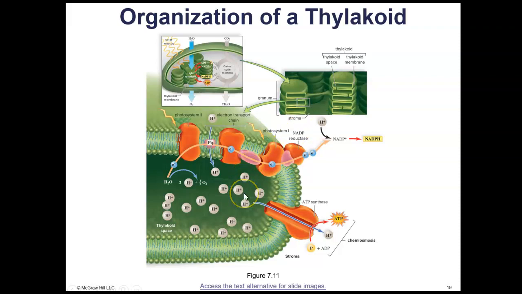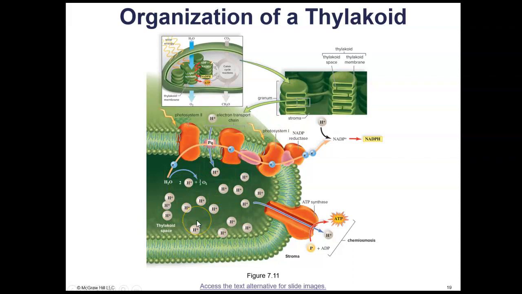Now, the other thing that happens is the energy from those electrons flowing from carrier molecule to carrier molecule down that electron transport chain. This is the electron transport chain part, the part between photosystem 2 and photosystem 1. So the flow of electrons is releasing energy. That energy is used to pump hydrogen ions into the thylakoid. And all these hydrogen ions build up in here.